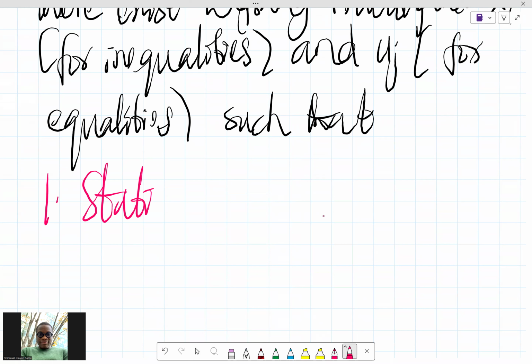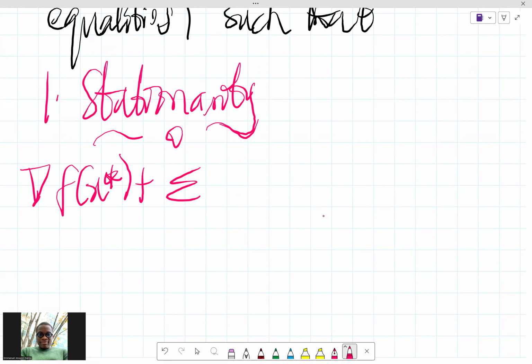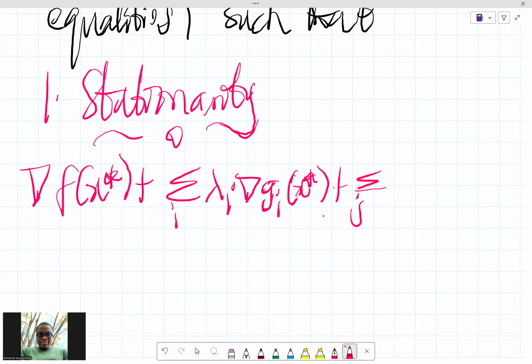First of all, you have a condition for stationarity. What that simply implies is that the gradient of f evaluated at the optimal point x star, plus the summation over all the i's of lambda i multiplied by the gradient of gi evaluated at x star, plus the summation over all the j's of mu j times the gradient of hj evaluated at x star, is equal to 0.